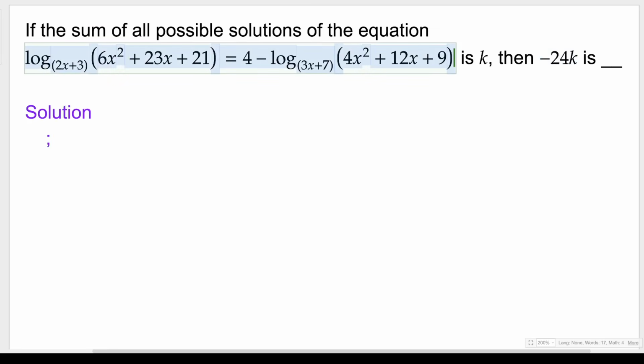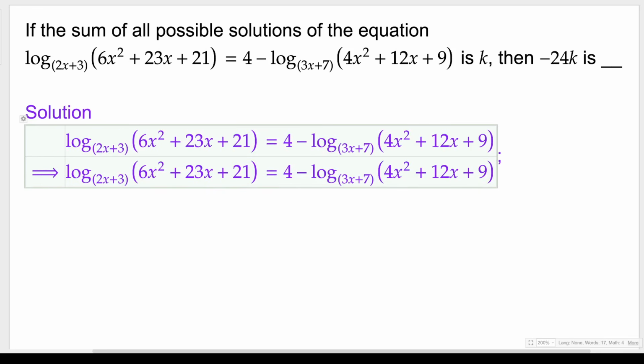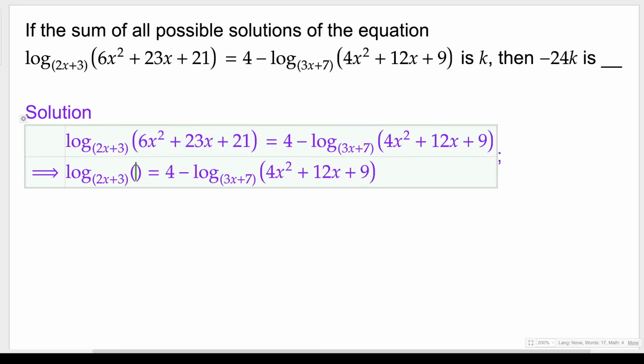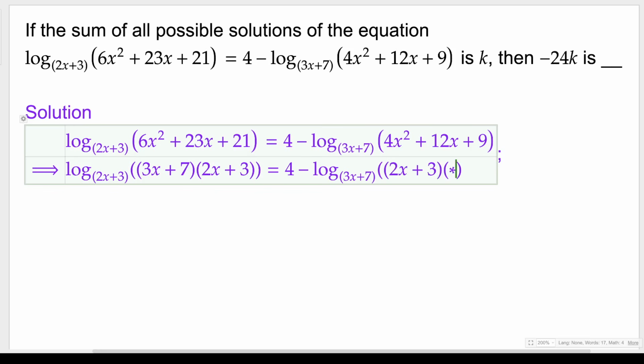First of all, I'll replicate the equation as it is, and if you observe clearly, this quadratic factor, 6x²+23x+21, can be decomposed into linear factors: (3x+7)(2x+3). In the other one, I can write (2x+3) squared, so this is (2x+3) times (2x+3). Now I can apply the logarithmic property which says that the product in the argument can be converted to a sum.